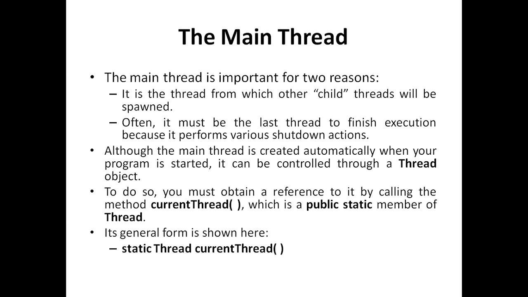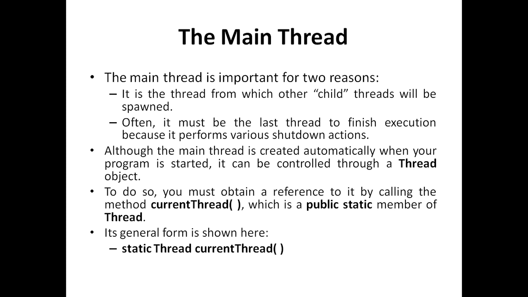Often it must be the last thread to finish execution because it performs various shutdown actions. The first reason is that if there is a main method, then other child threads can start their execution. And the second reason is that there are some shutdown actions the main thread has to perform before the last thread finishes its task. For that purpose, main thread is important.